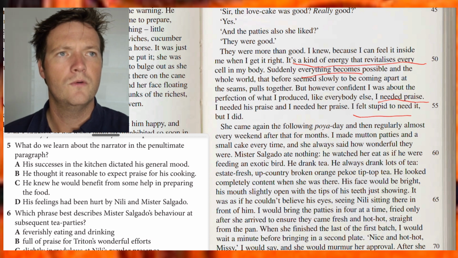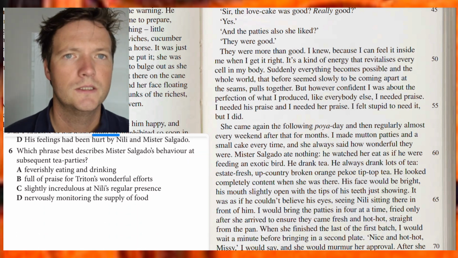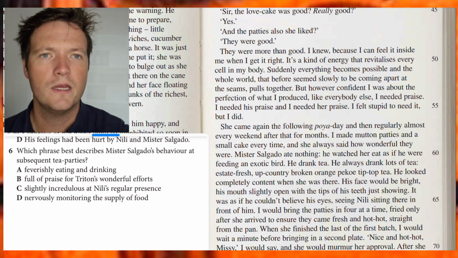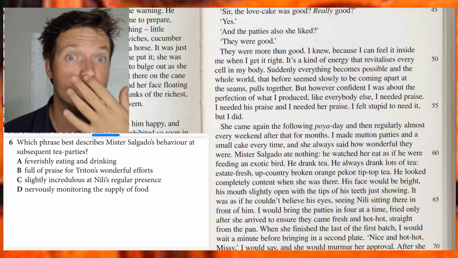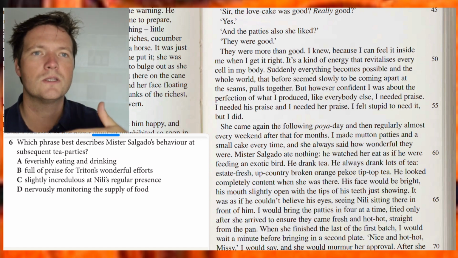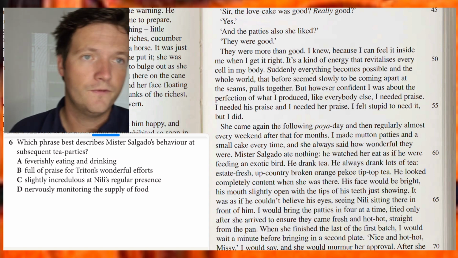Okay, I think we can move on to the final question on today's activity, and it says, which phrase best describes Mr. Salgado's behaviour at the subsequent tea parties, right? So how does he behave in the tea parties after this first one?